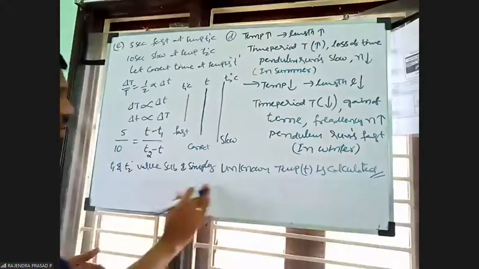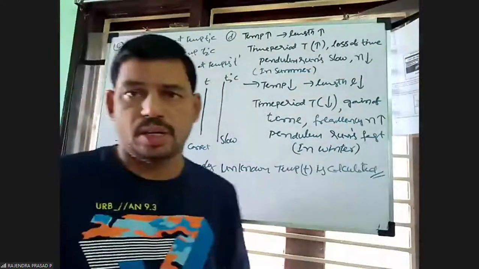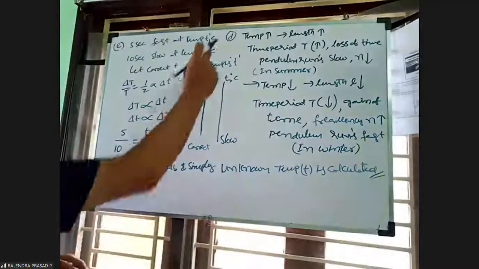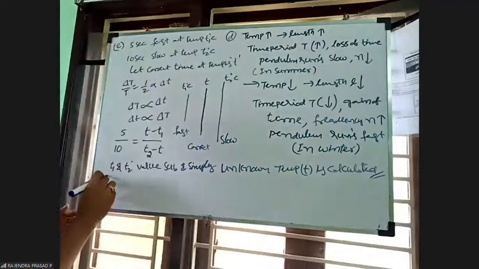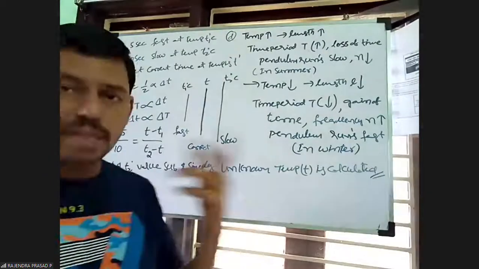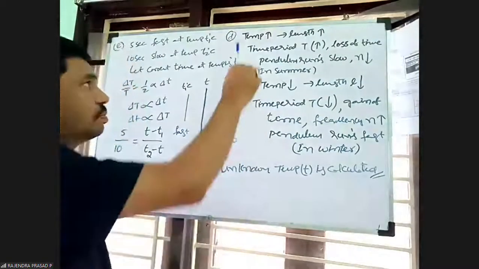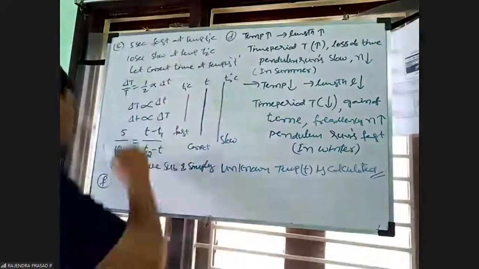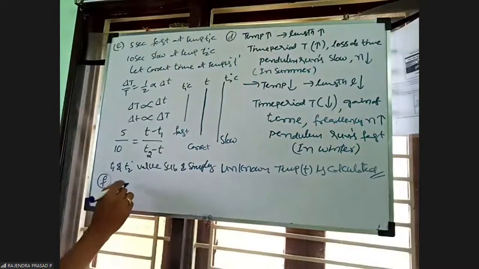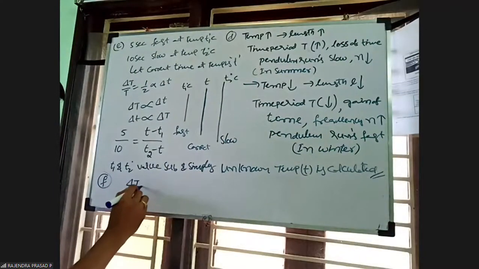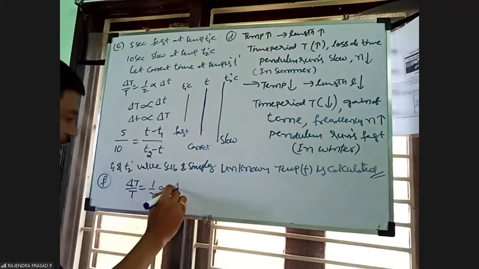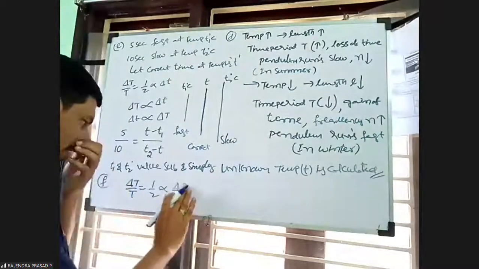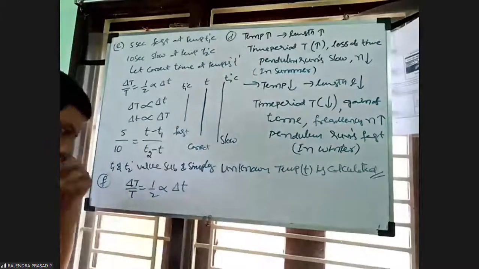After that, alpha value is calculated. Next part is D, E, F: pendulum clocks. So delta T by T is equal to 1 by 2 alpha delta t. This is the formula.